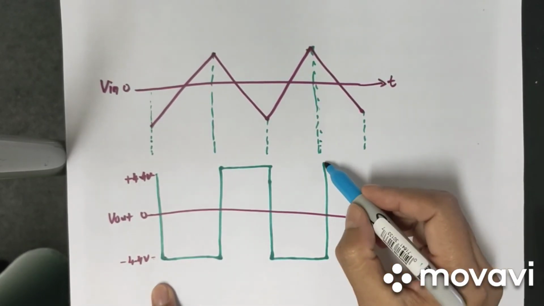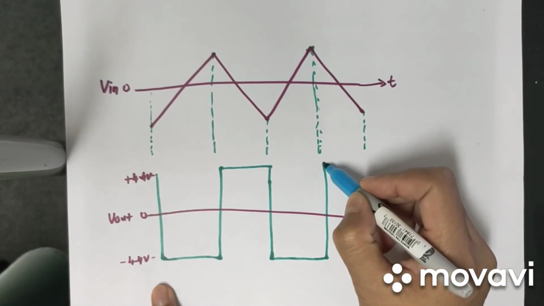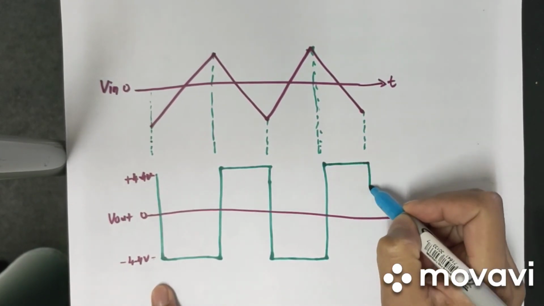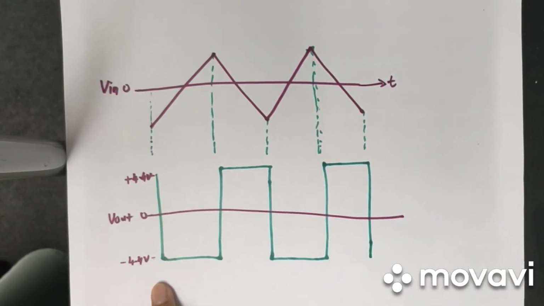So when it ramps down, it switches down back. So this is the output voltage.